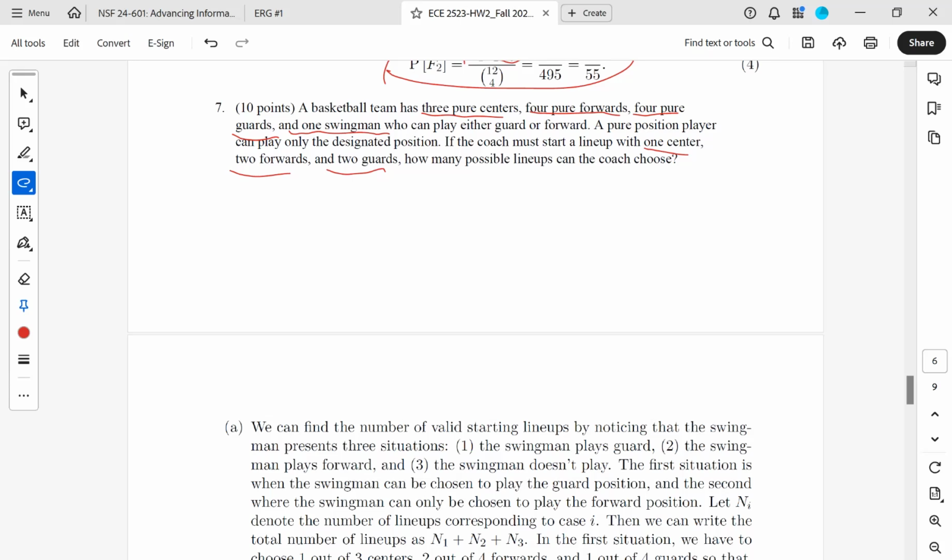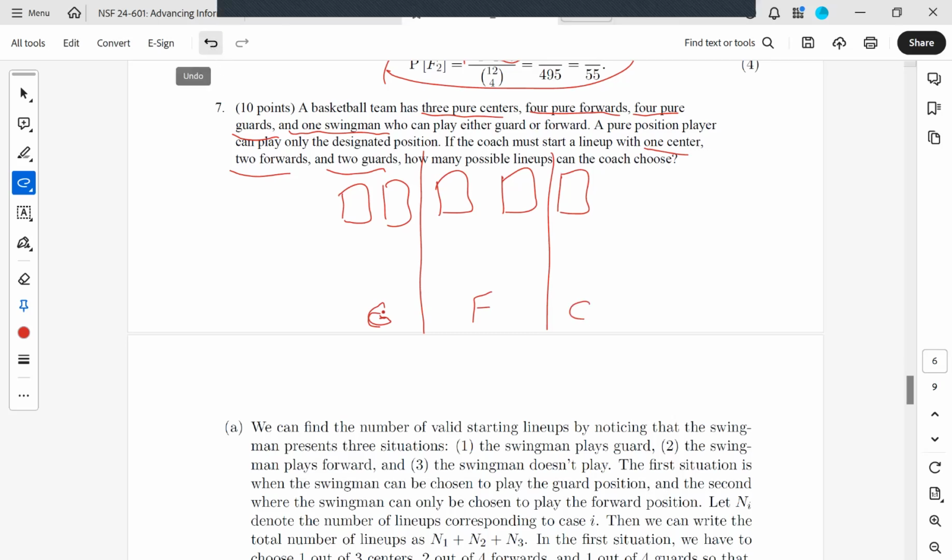Now, in order to tackle this question, the easy way is to use the lineup as a free spot. These are centers, these are guards, forward, and centers.